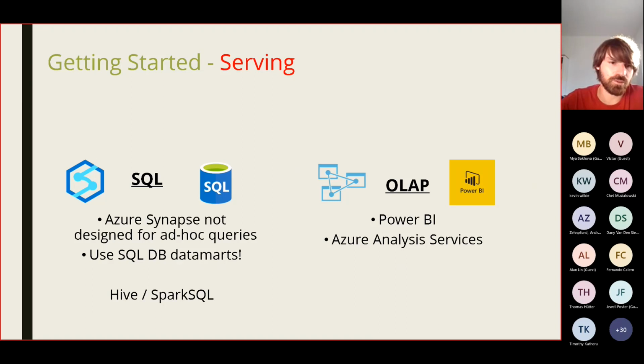But the thing is that also Azure Synapse, from my experience, is not really designed for, let's say, too many concurrent users. So if you run a huge reporting solution with, let's say, not too big an amount of data, you may also consider using regular SQL database data marts for that serving layer.